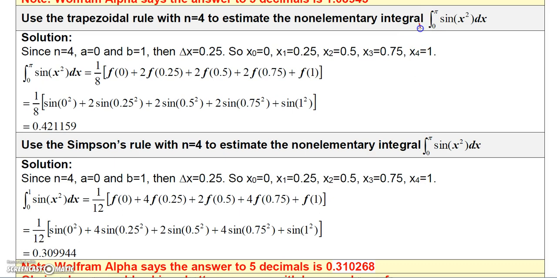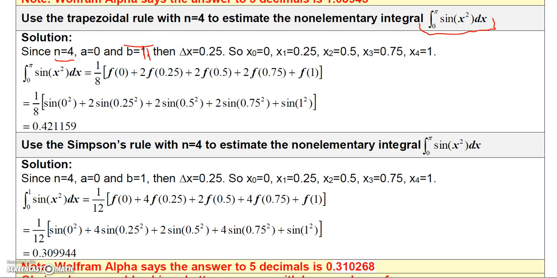Now here I'm just doing the same thing with different functions. This time I've got sine of x squared, which is another non-elementary function, and I'm integrating from 0 to pi. On that one I still have n equal 4.